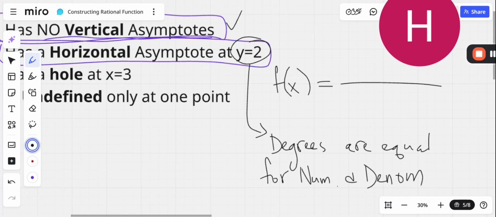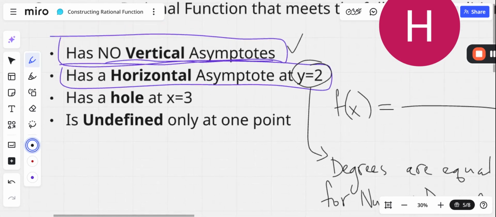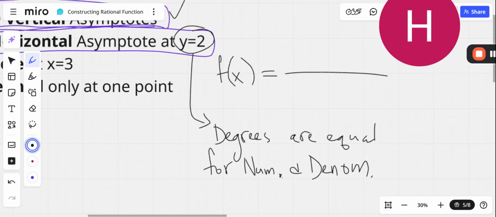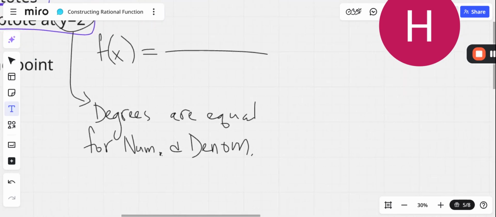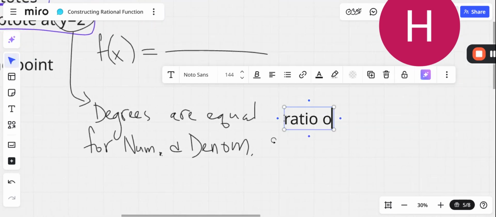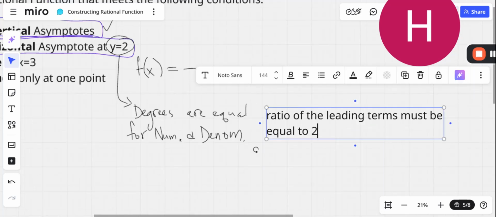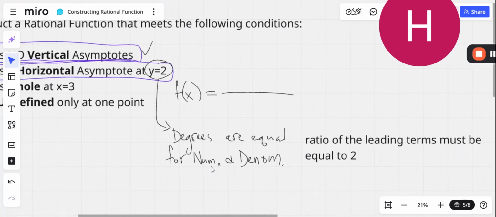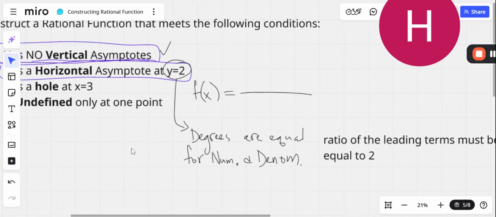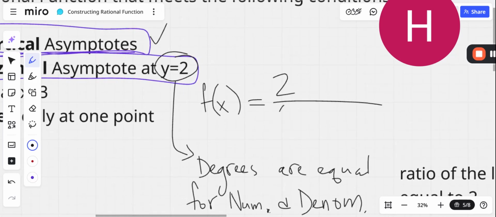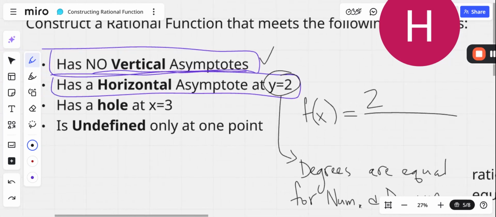I'm not spelling demon, don't worry, it's denom for denominator. And they're equal, but the ratio of those leading terms has to be equal to 2. That's what results in an asymptote of y equals 2. So we can just throw a 2 on the top over 1. That's all we have to do. It's very simple to impose that.